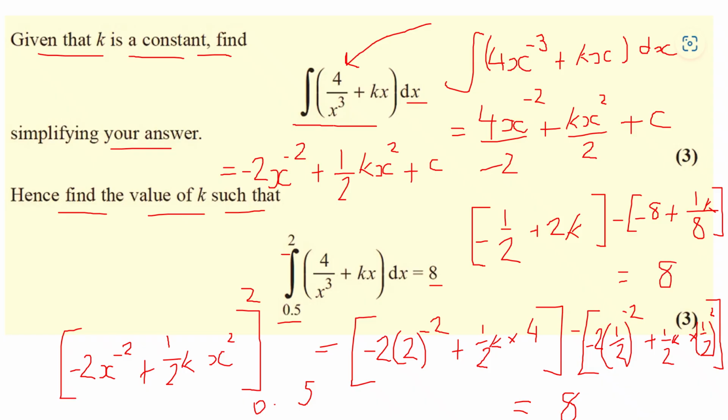So collect like terms now. We've got minus a half minus minus 8. So that's minus a half plus 8, which gets us 7.5. I'm going to dismantle here just to make it a bit easier for my numbers. 2k plus an eighth k makes 2 and an eighth. Sorry, what am I doing?